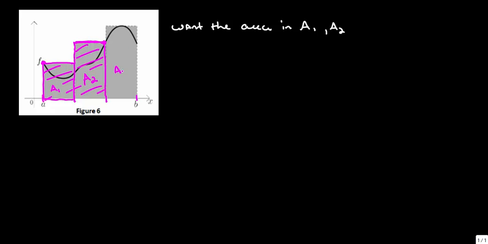Again, we're taking this x interval down here, this guy right here, and we're seeing where the function is the highest on that interval. Well, it's the highest up here.